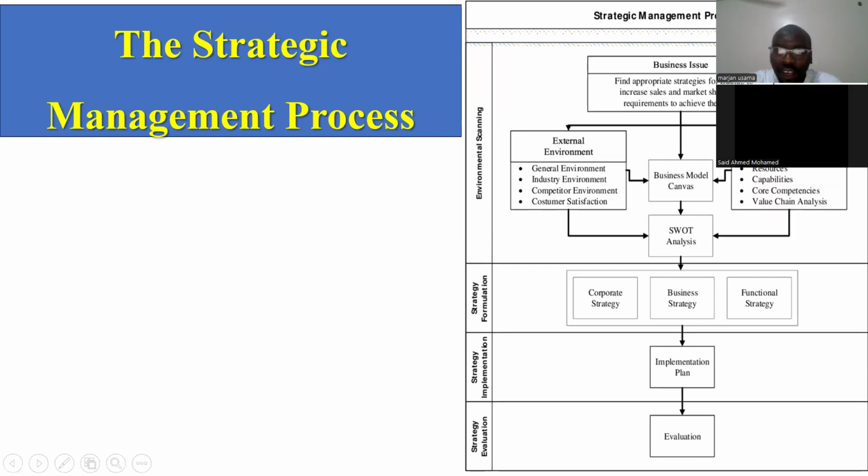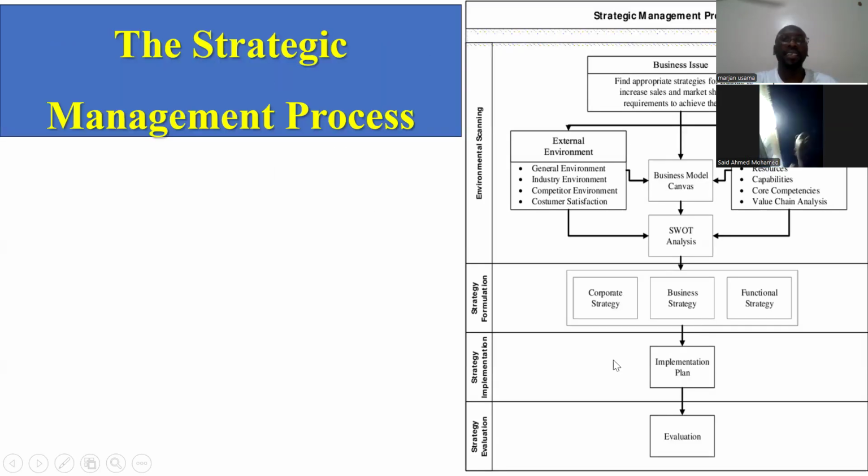Then after that, we went ahead to talk about strategy formulation. And remember, in our last lesson, we were talking about strategy choice. Remember, we said that we have the corporate strategy, the business strategy, then the functional strategy. So we have three types of strategy, plus the operational strategy and the global strategy.